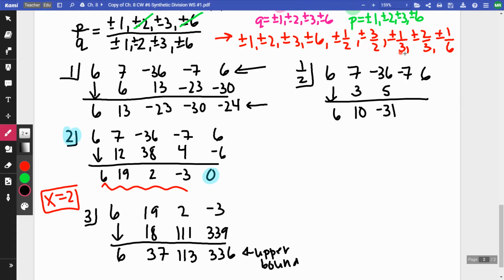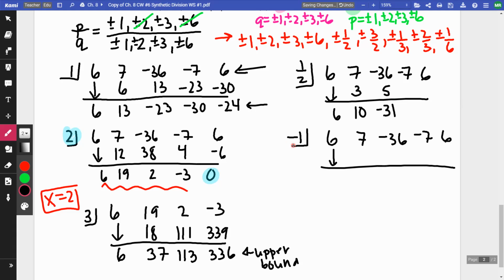I could try 1/3 or 2/3. I think I'm going to try my other nice numbers and stick with my integers, and let's try -1. So let's try 6, 7, negative 36, negative 7, and 6. Bring this down. Oops, sorry. Hold on a second.